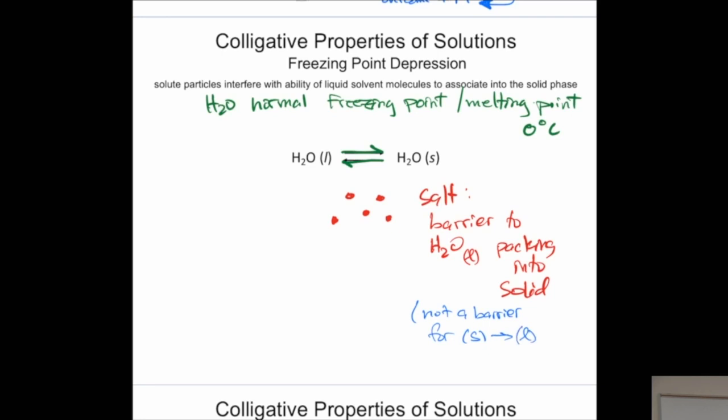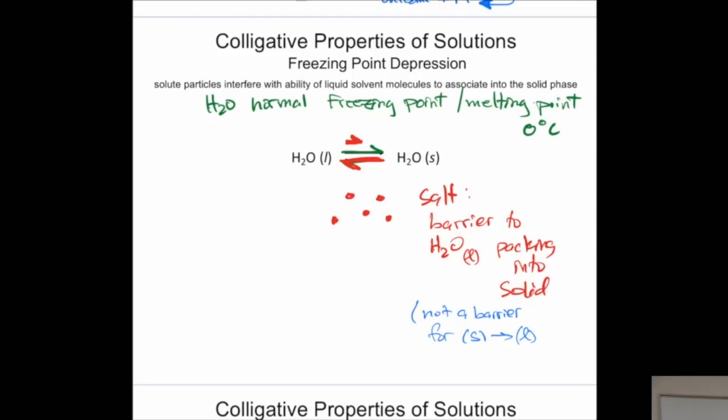So when we have salt on the road, all right, going from the solid to the liquid is still the same, but now the liquid doesn't go into the solid quite so easily because it's got to overcome this barrier. It's got to get around all of these non-volatile particles to finally get into the crystalline structure that it needs to be in to form the solid.